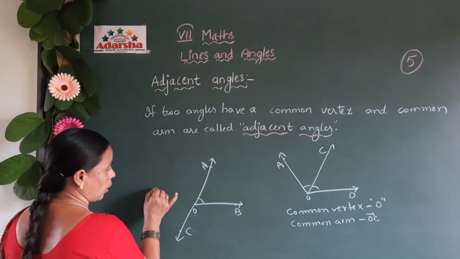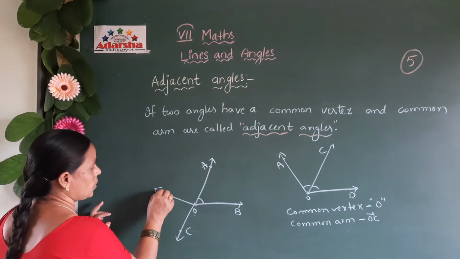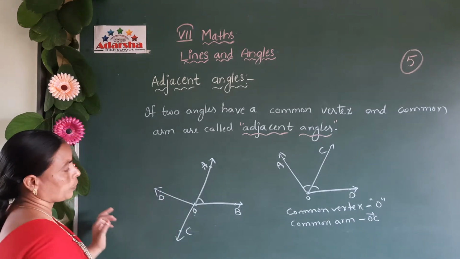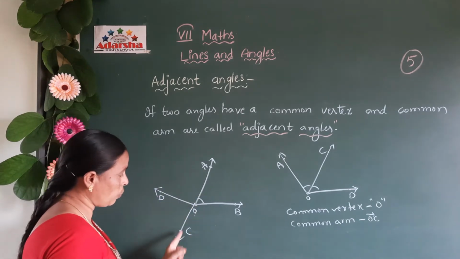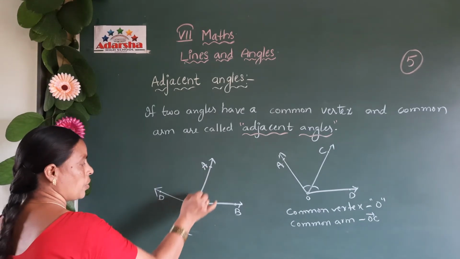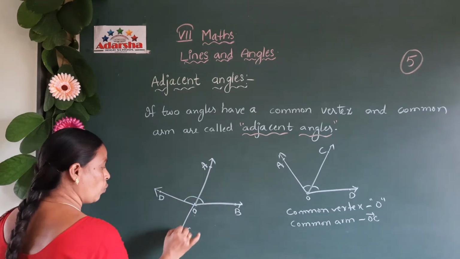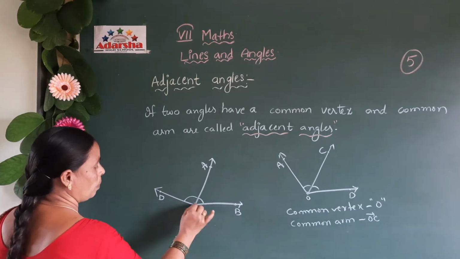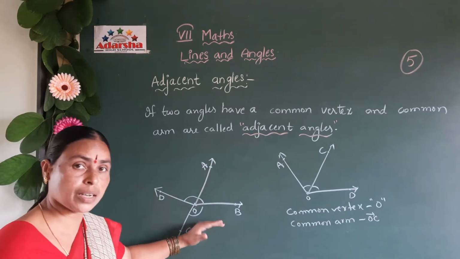Here see one more. For example, here it is COD. What about angle AOD and angle BOC? This is angle AOD, and this is angle BOC. Are these two angles adjacent angles or not?